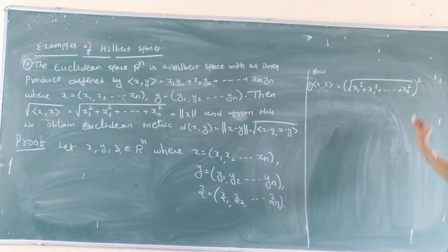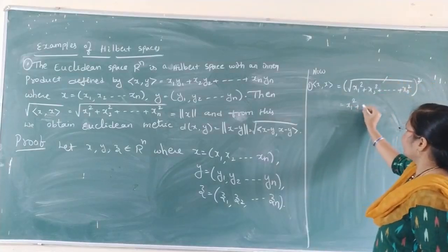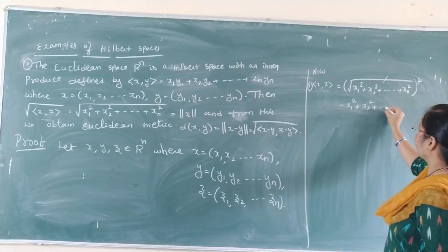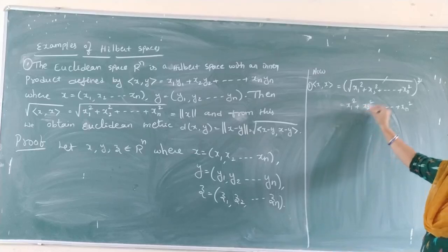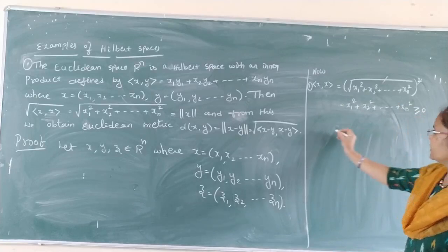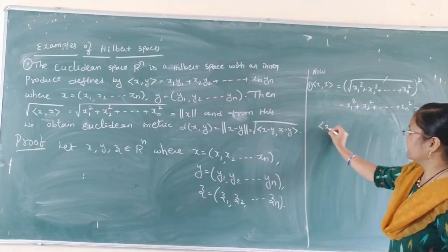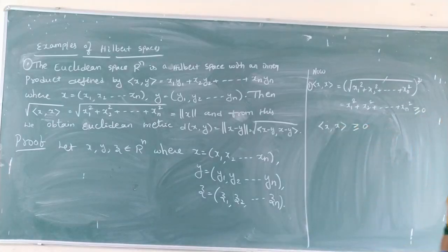So the square root cancels, and the remaining terms are x1 square, x2 square, and so on xn square. But here every term is a square, so the value is clearly greater than or equal to 0. So the LHS, the inner product of x comma x, is greater than or equal to 0. This is our first property.